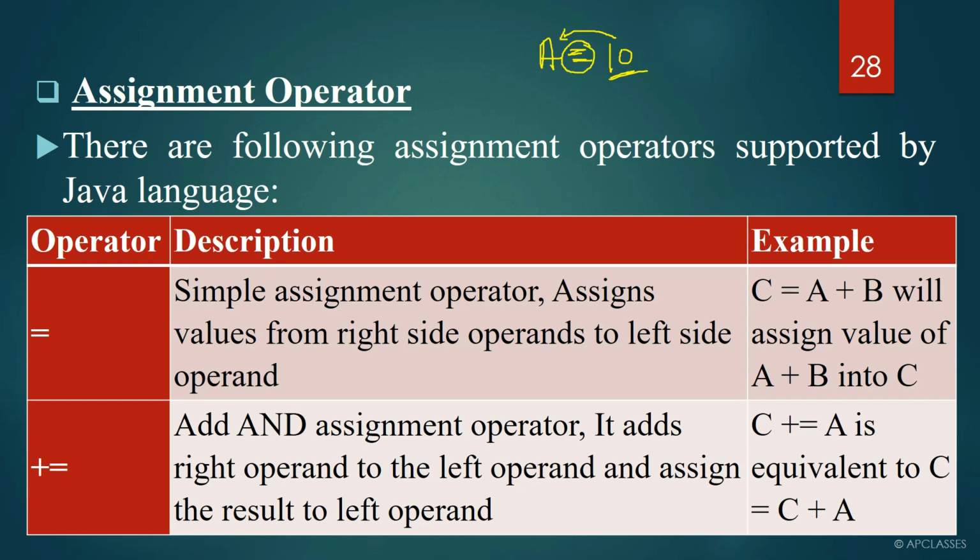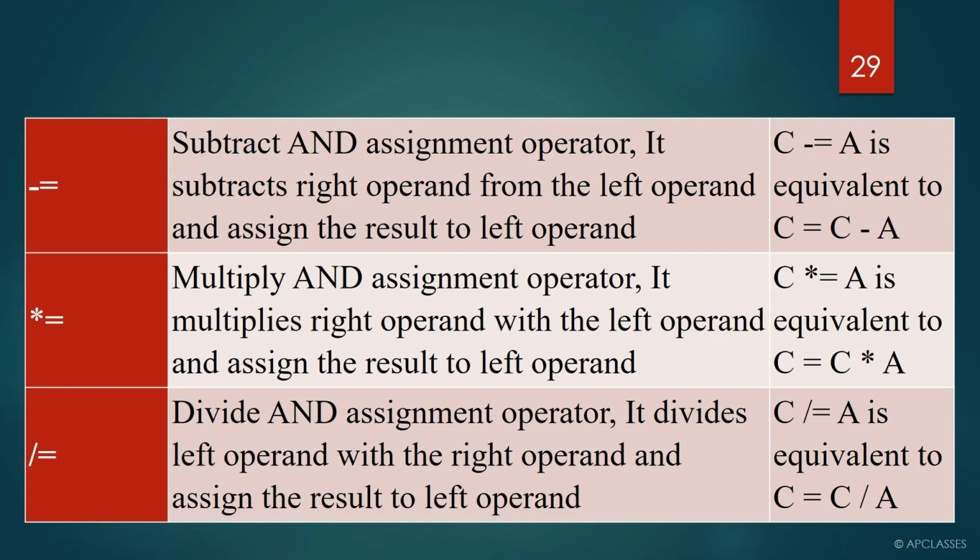In Java or in most programming languages, you will find that the equals to sign is used as an assignment operator. But along with this equals to sign, plus equals to, minus equals to, multiplication equals to, division equals to, and mod equals to are also called assignment operators.